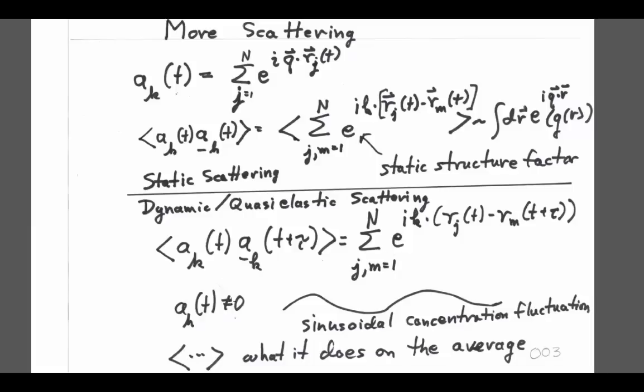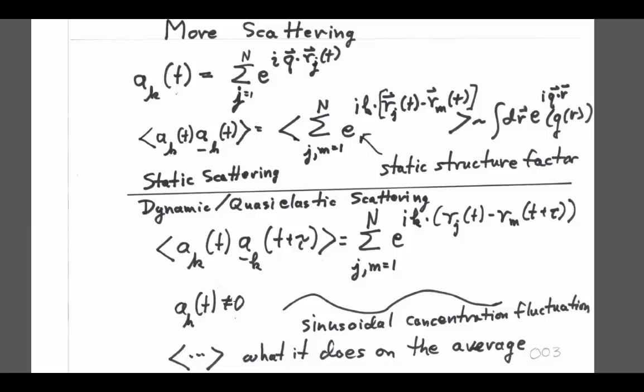Well, a_k(t) is 0 if the solution is absolutely uniform. If there are fluctuations with position in the concentration of particles, a_k(t) is not 0. And what the dynamic scattering tells you once you take the ensemble average is, suppose we start out with a concentration fluctuation.